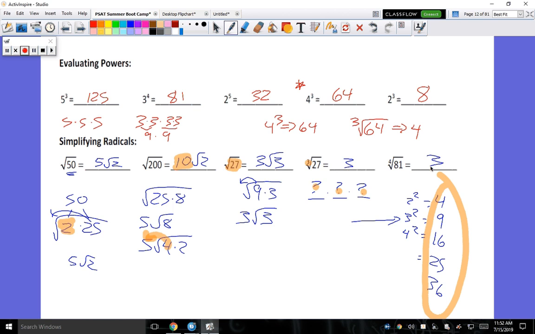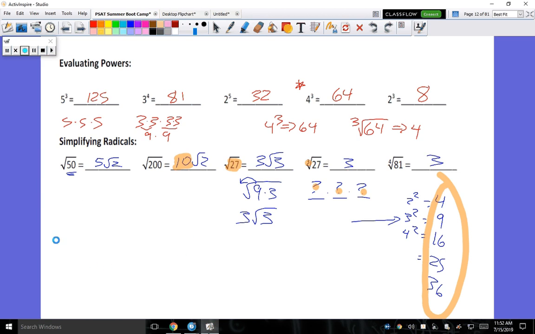What if I did something that looked like this? 64 squared cube root. It's just 64. Is this the same as that?